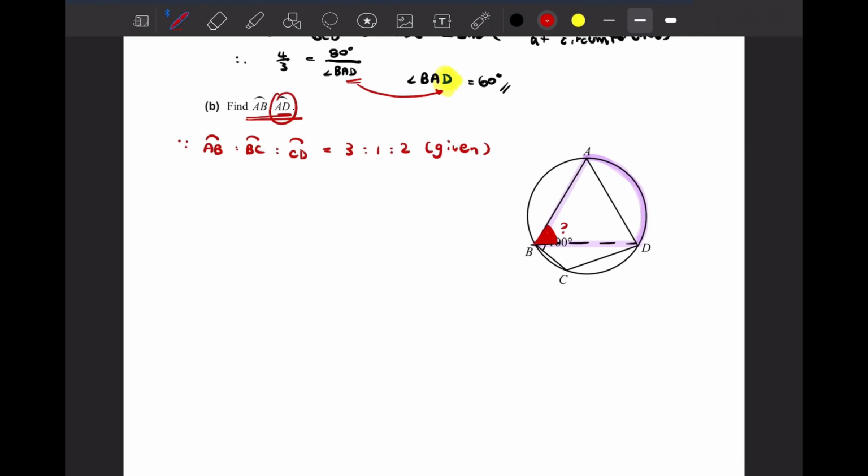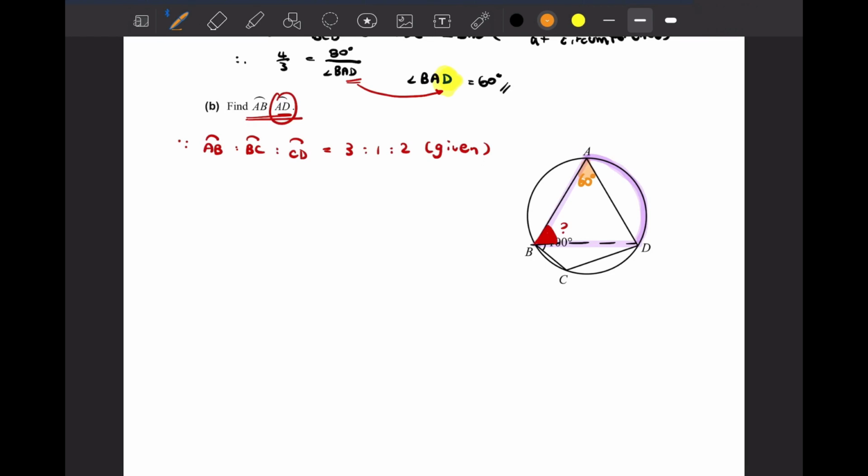But the thing is, for that angle, how can we find it? We don't have other information apart from the ratios of the arc length. But don't forget, we actually got these angles from the previous question, part A. So how about we write it down first? So this is 60 degree.